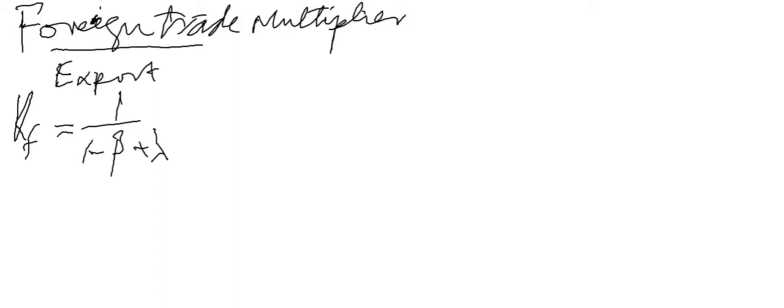Again, we know that 1 minus beta is equal to the MPS. So by definition, the foreign trade multiplier depends upon the MPS plus MPI. The lower the values, the higher will be the value of the multiplier.